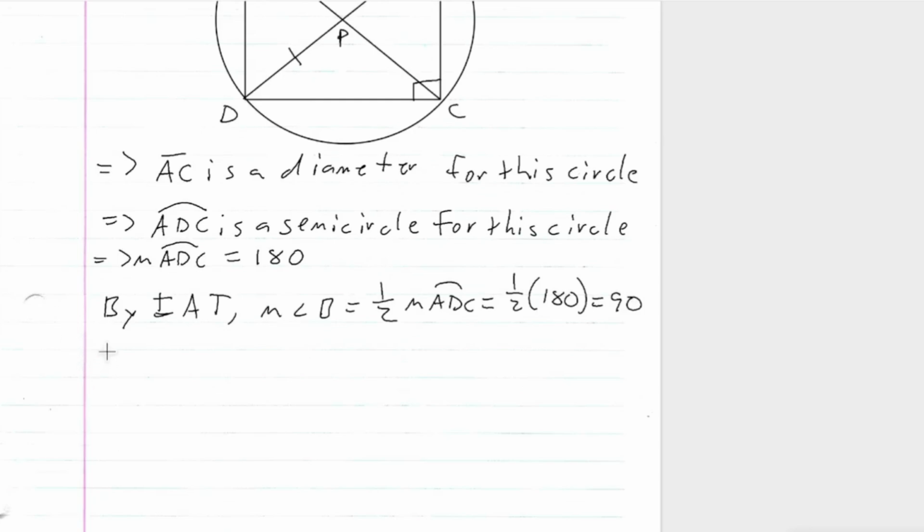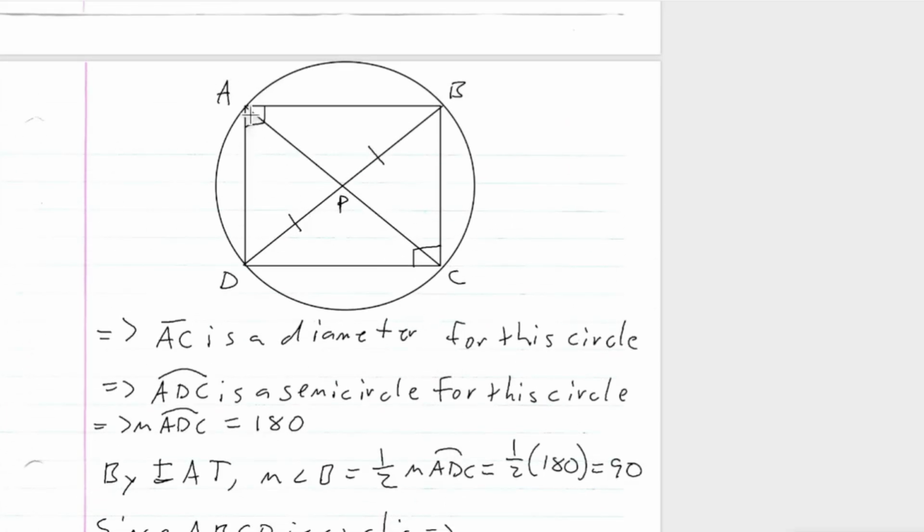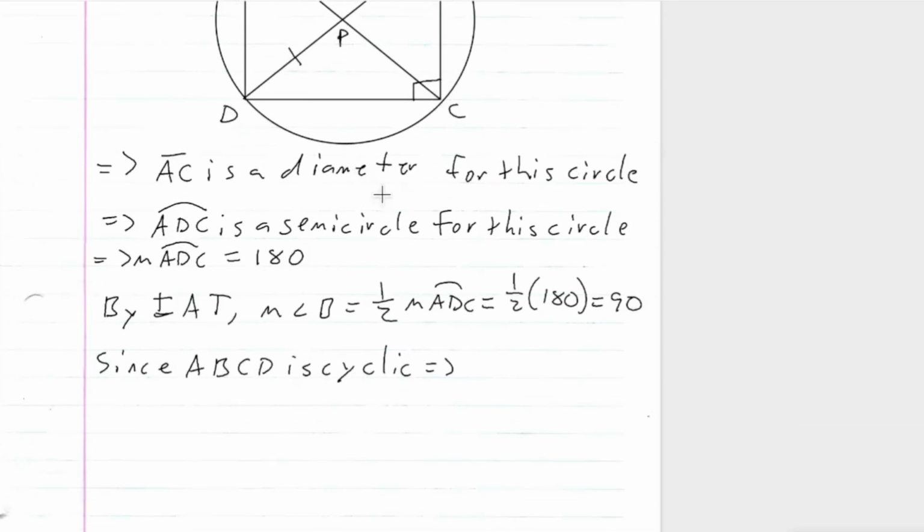Now, since ABCD is cyclic, I already know that the measure of angle A plus the measure of angle C is 180 because both of them are 90, but this also means that the measure of angle B plus the measure of angle D is equal to 180.